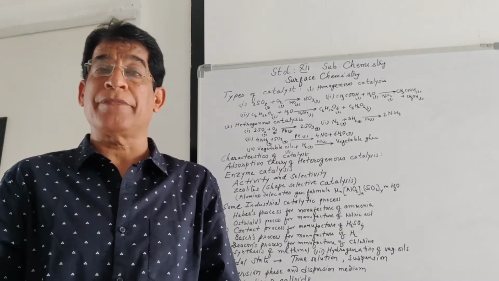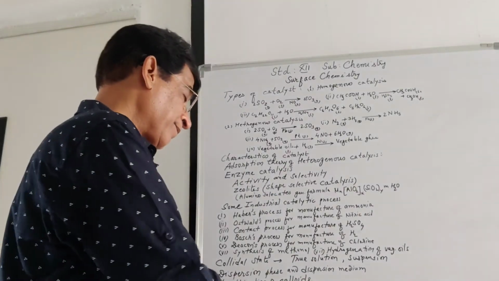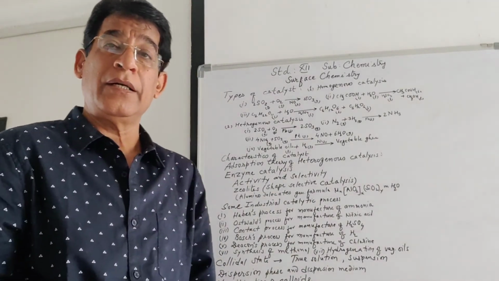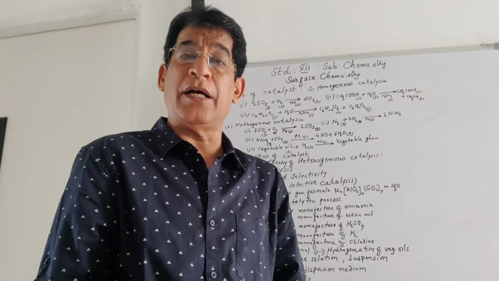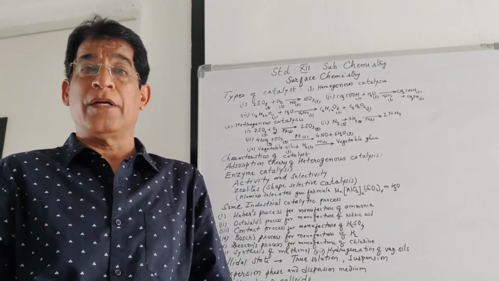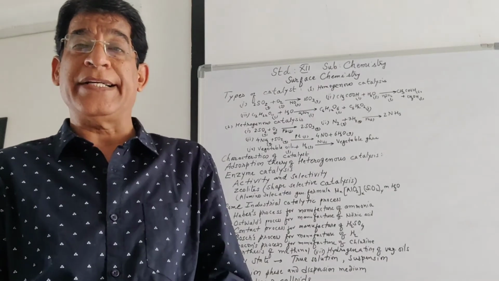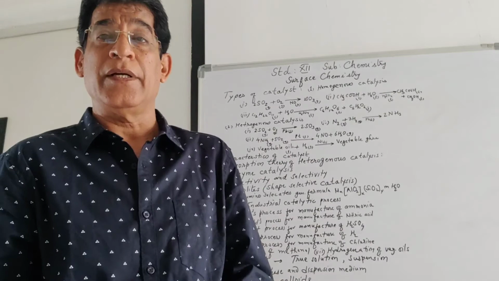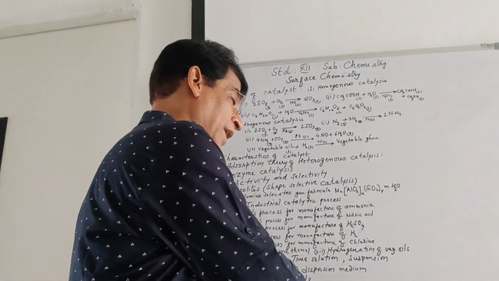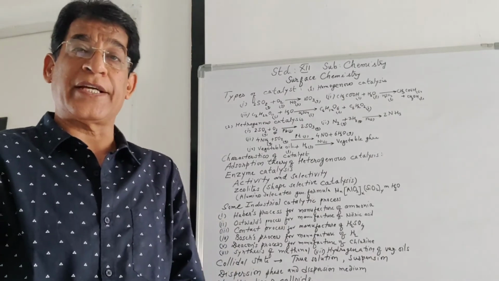For example, sodium stearate is a typical example of such type of molecules. When sodium stearate is dissolved in water, it gives Na+ and stearate ions.